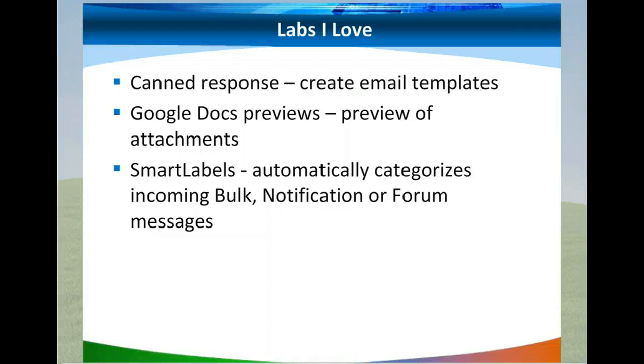And then finally, I like having smart labels on. Smart labels automatically will categorize your mail into bulk email that's just going to a bunch of different people, notifications, and even forum messages.